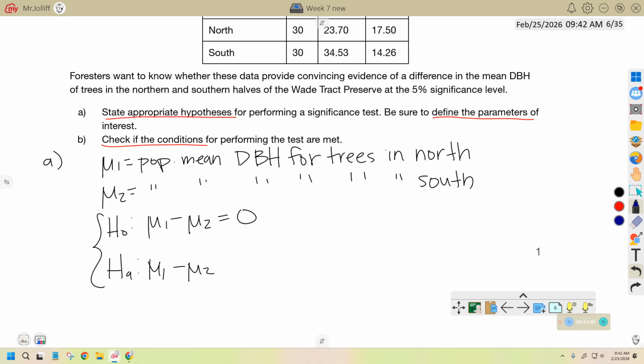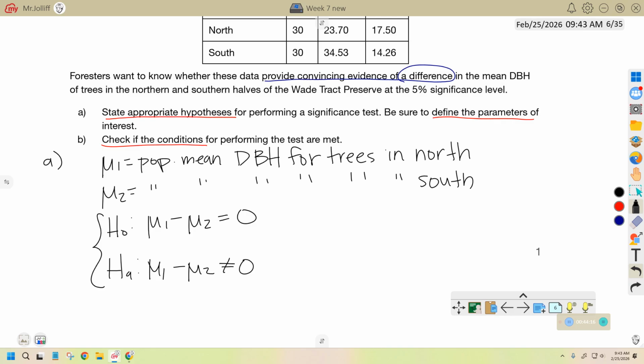And I see a keyword in the sentence beneath the table: a difference. Is there convincing evidence of a difference? So what symbol goes in my alternative? Not equal to. Very good. Not equal to 0, because difference could mean that either mean is bigger. I just want to know if there is a difference in the means. I don't care which one is different. Is there a difference? Good.